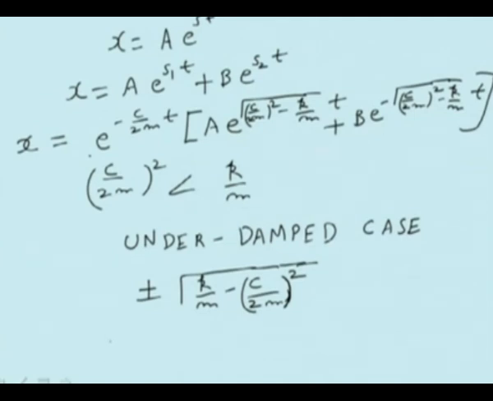You have the amplitude term, so you can write x is equal to something like x0 e to the minus c by 2m t, and inside you may have sin omega t and so on.